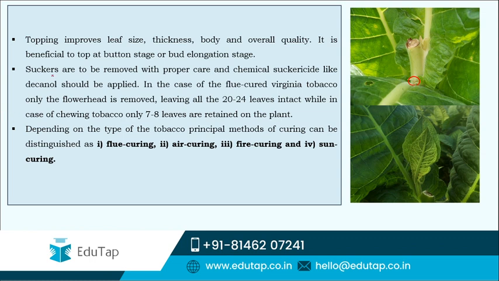Those are called suckers, and these suckers need to be removed from the plant so that the vegetative growth of the leaf is good. This is called desuckering. And in case of flue cured Virginia tobacco, only the flower head is removed, leaving all the 20 to 24 leaves intact.